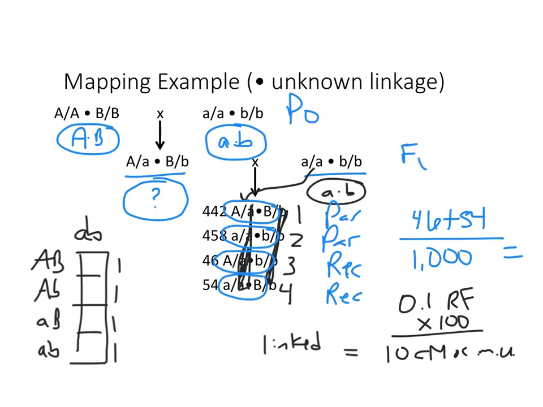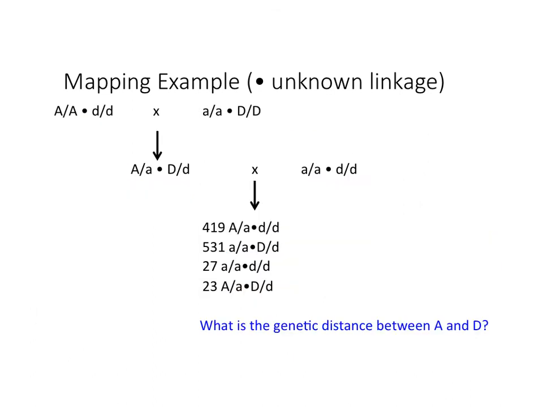It means you have very few recombinants, so the numerator here will be a small number of recombinants compared to the total number of individuals you look at. So A and B, 10 centimorgans.